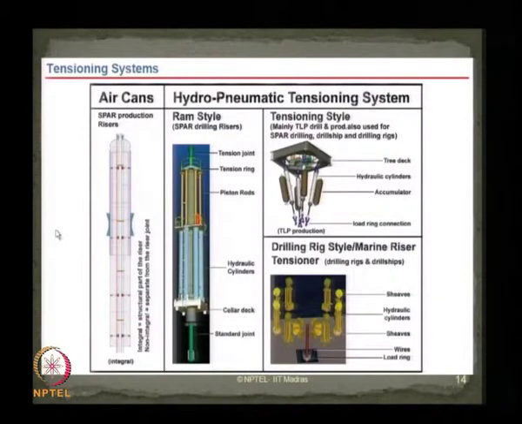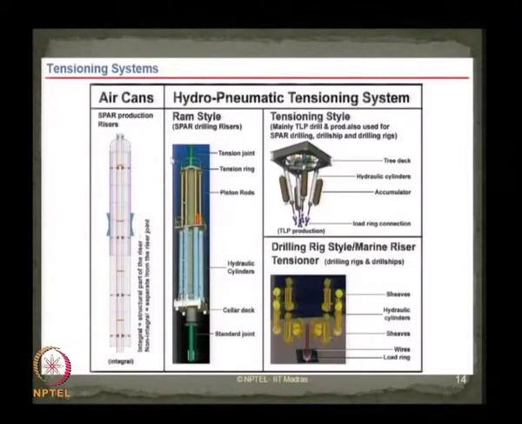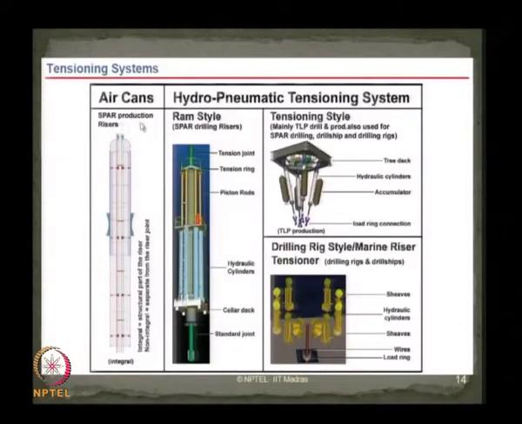If you look at the different kinds of tensioning systems which are generally deployed for top tension risers in production risers of deep water drilling systems, they can have an air can system or a hydro pneumatic tensioning system, both of which are commonly deployed in deep water riser systems. If you look at an air can system, spar production risers essentially fall in this category.